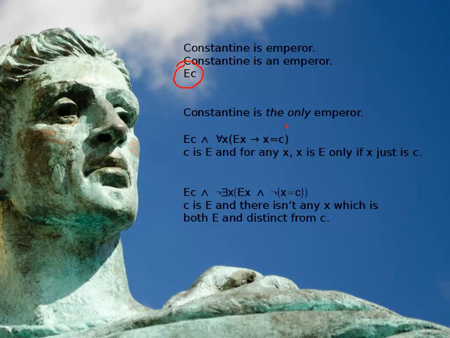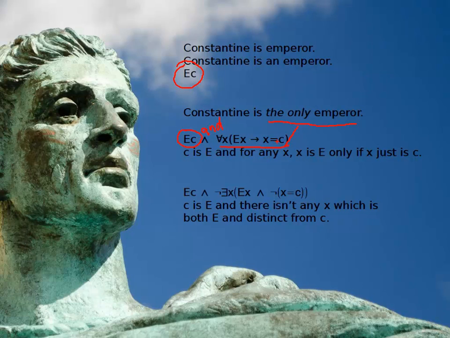If you're saying that Constantine is the only emperor, you're saying the first part, yes, and, there's the and symbol again, you're also saying this second part, and that's the "only" part there. So you're saying that Constantine is emperor, and for any x whatever, if x is an emperor, then x just is Constantine.